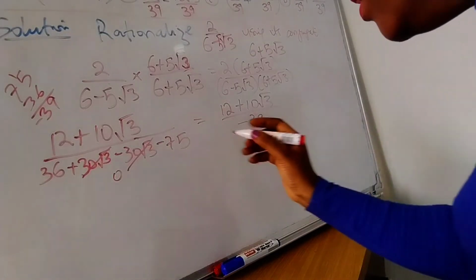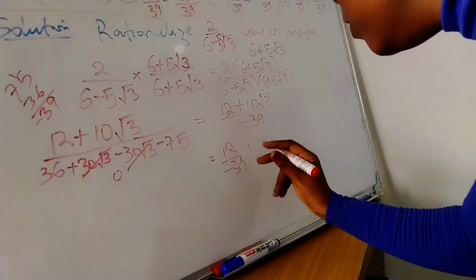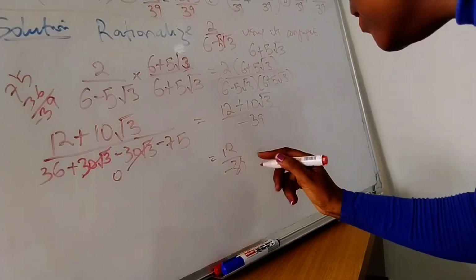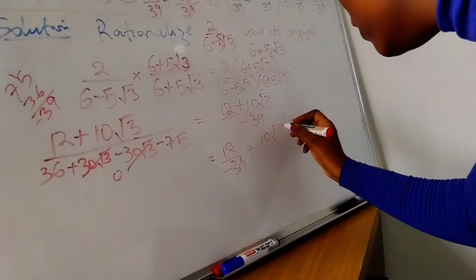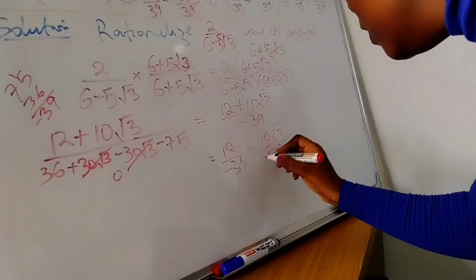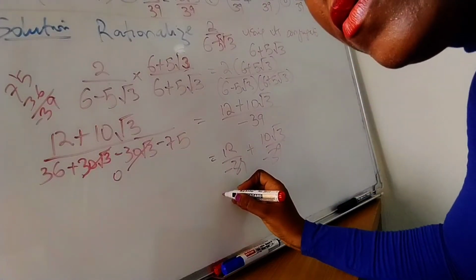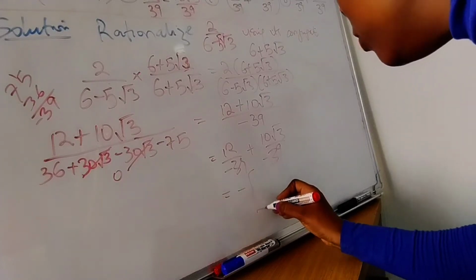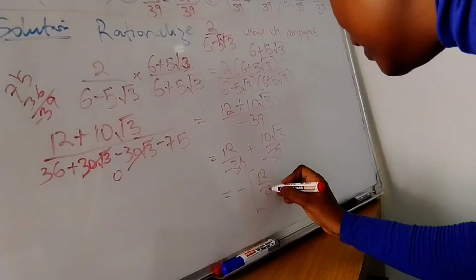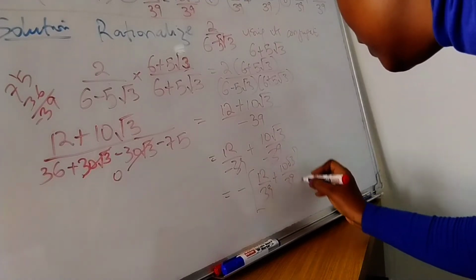Since we have a common denominator, we'll have 12 over minus 39 plus 10 root 3 over minus 39. So, if we bring out the minus, we'll have minus into bracket 12 over 39 plus 10 root 3 over 39.